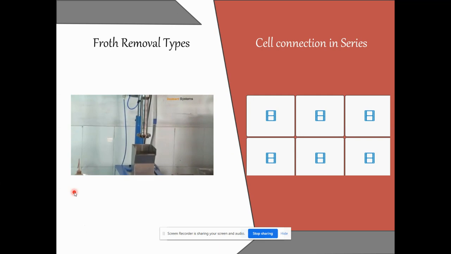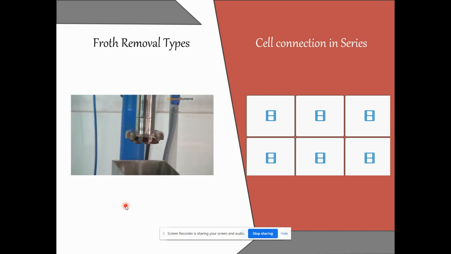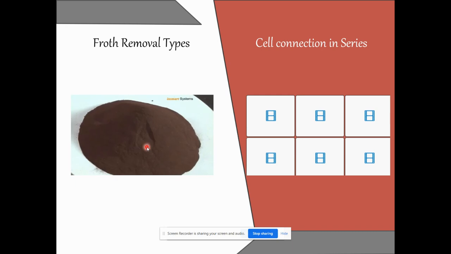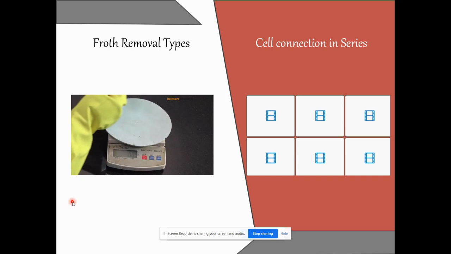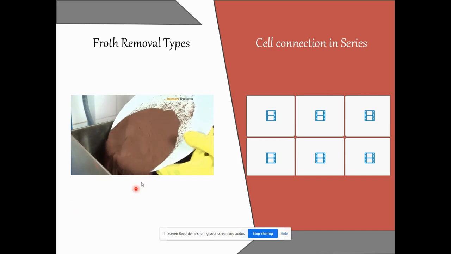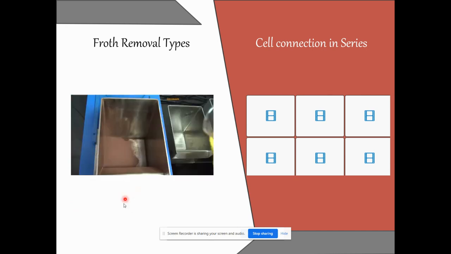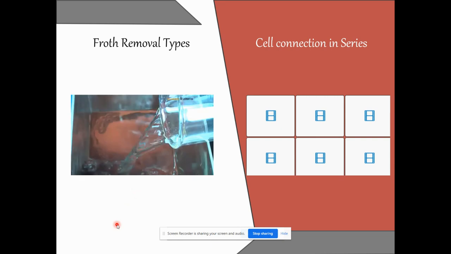Looking into the mechanism of the froth removal type. As we can see in the video, a portion of the mixture of the ore, which is being measured, is taken into the flotation machine.